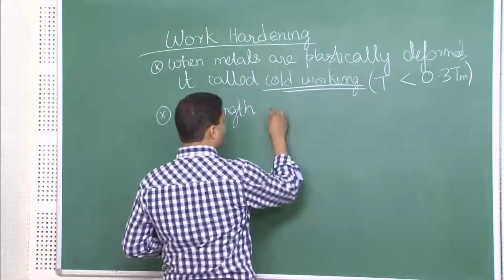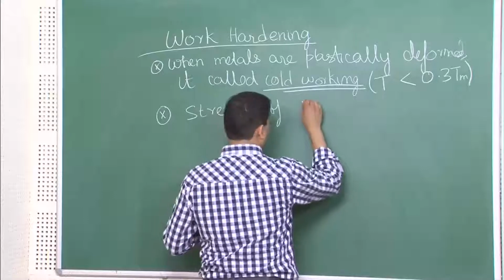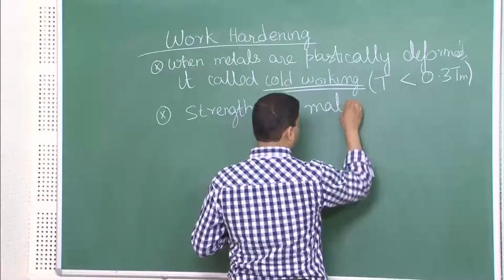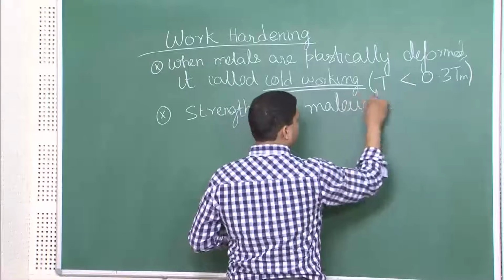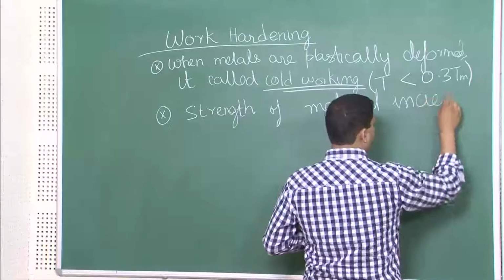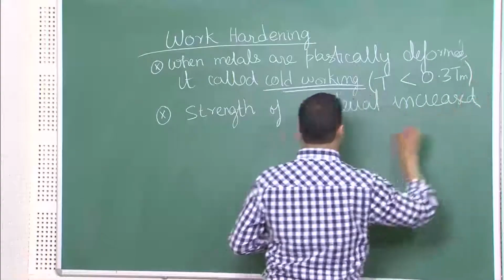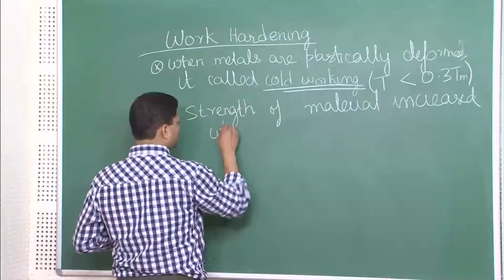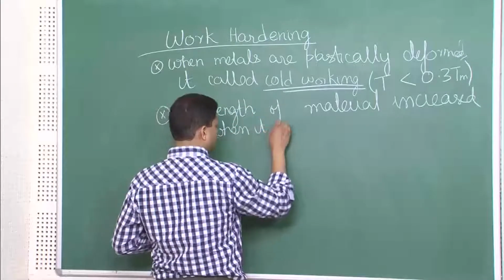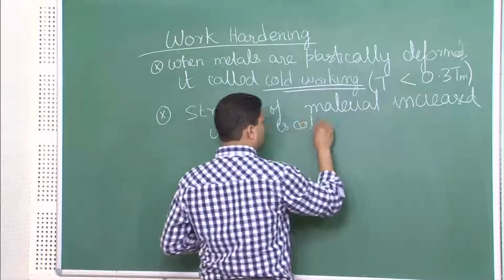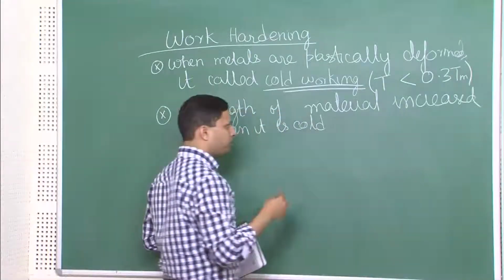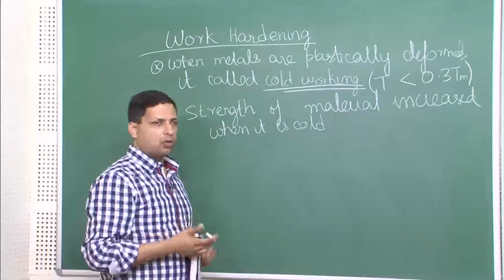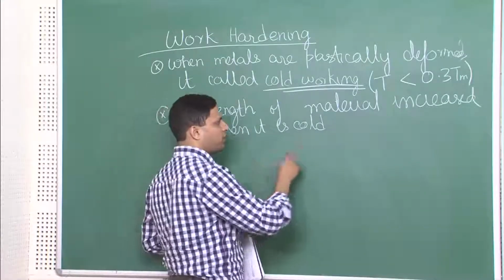Now, the strength of a material increases when it is work hardened or cold worked. There are several types of things that go on because of which the strength increases.